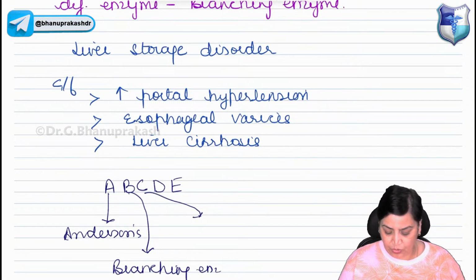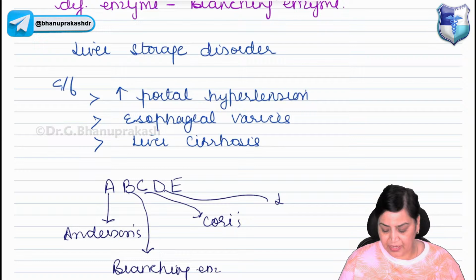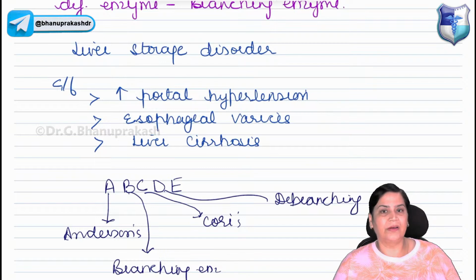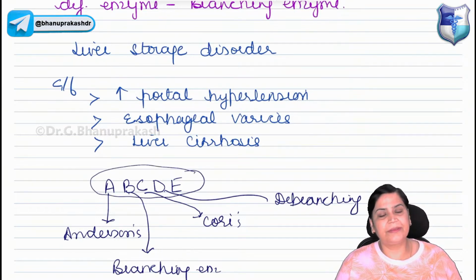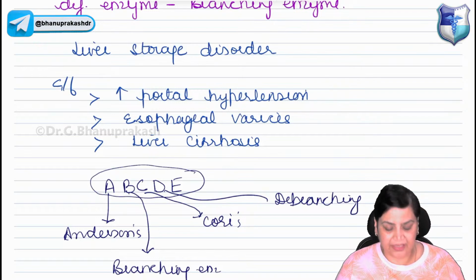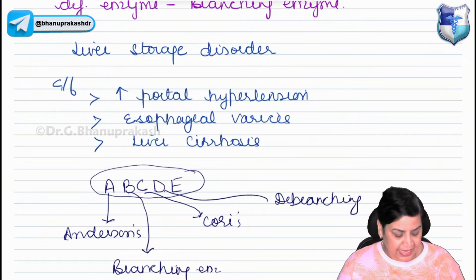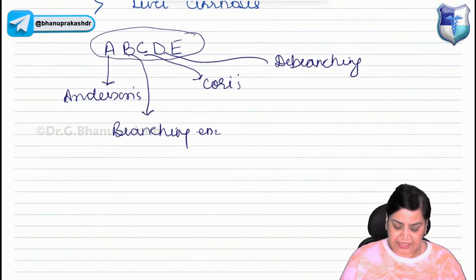C stands for Cori's, and D stands for debranching enzyme. So this mnemonic also you can remember: A, B, C, D, E. Clear?